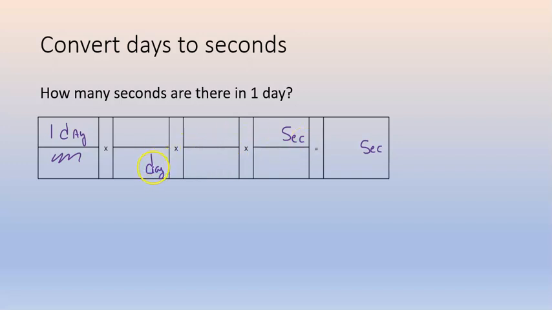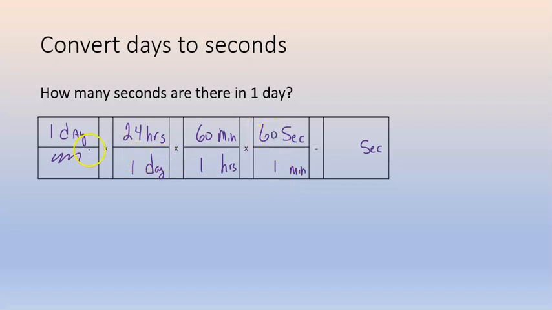So how do we get from 1 day to seconds? Well, let's see, we want to try with hours, right? So we'll do 1 day equals 24 hours. Okay? And so we know hours goes here. And so if I'm going to hours, I'm going to need some minutes in here, right? So that helps, and that way I can kind of see where I'm going. So 1 hour equals 60 minutes, and 1 minute equals 60 seconds.